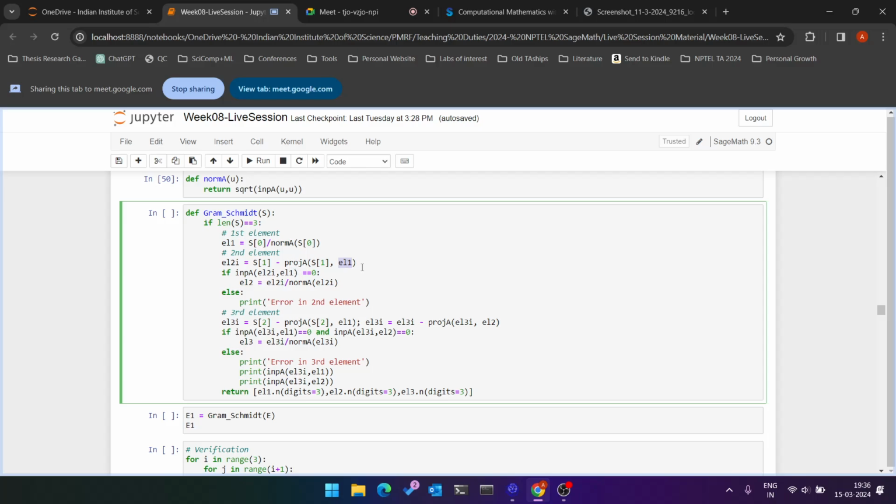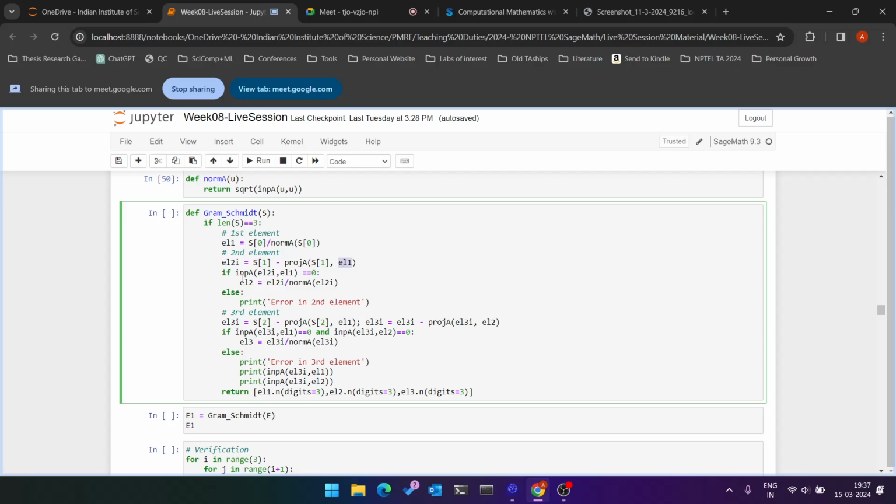So this projection will calculate the component of S1 along element L1, and once we subtract that, we get L2I, which is basically the residue of S1 after removing any component along L1.